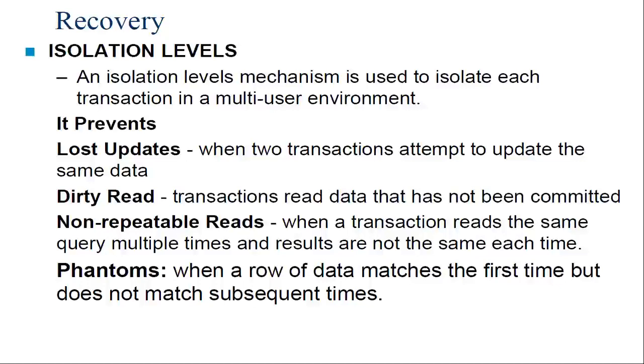And phantoms, this is another one, maybe you will get two more questions on it. A phantom is when a row of data matches the first time, but does not match subsequent times. Suppose you set a select query, some data manipulation query with some condition, so you'll be accessing some set of data, say a row of data, for example some set of tuples based on the condition.